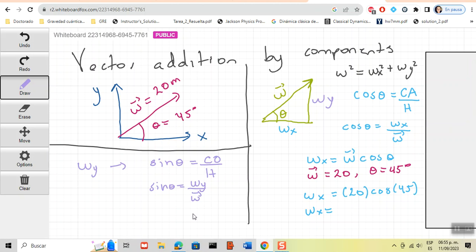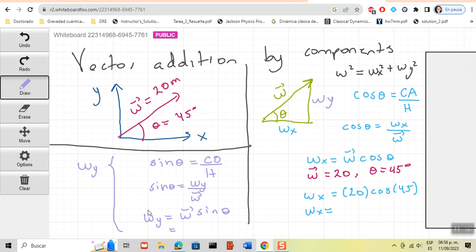If we follow the same logic as with the Wx, then the W arrow is going to, instead of dividing, multiply. And then we're going to have that Wy is equal to W arrow sine of theta. And that is going to give us the information for the component in y of our vector. So this is the procedure for Wy, right?